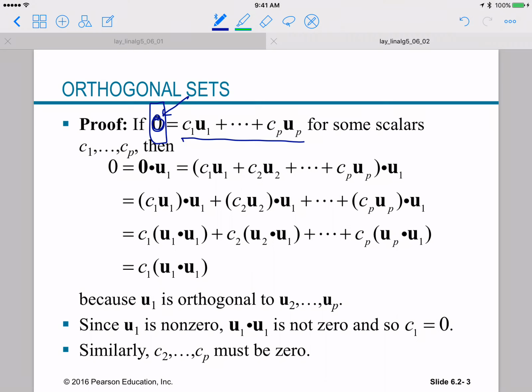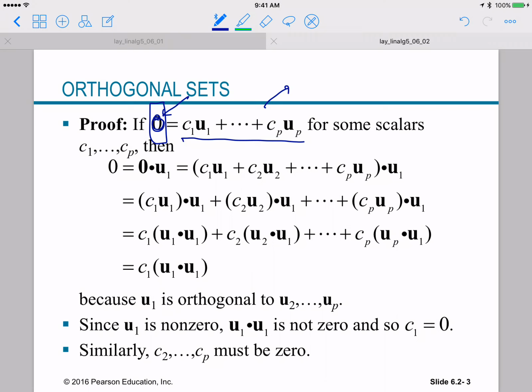So this is a homogeneous linear system in the form of a vector equation. If the only solution is the trivial solution, and you cannot find any other solution, then we can conclude that these are linearly independent, right?